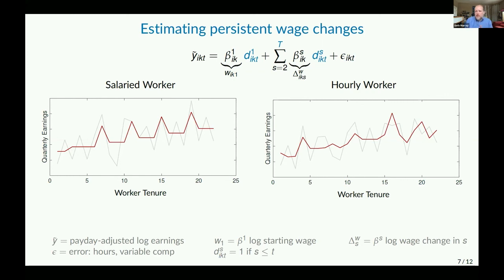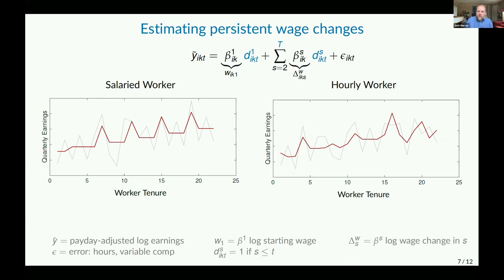So D1 you can think of as the intercept term. It's always taking on a value of 1 because the first period is equal to it and every subsequent period comes after it. Each of the subsequent variables, say D2, is going to be 0 in the first period, and then it's going to take on a value of 1 for every subsequent period. And so what that means is the beta coefficients basically turn on once you reach that period and then stay on for every subsequent period. So you can interpret these beta coefficients as the actual wage changes that occur in a given period.